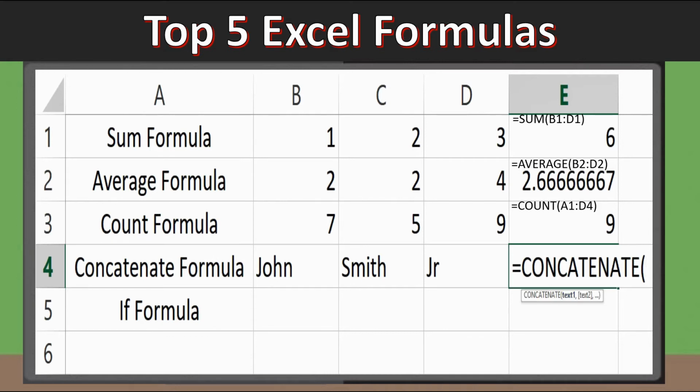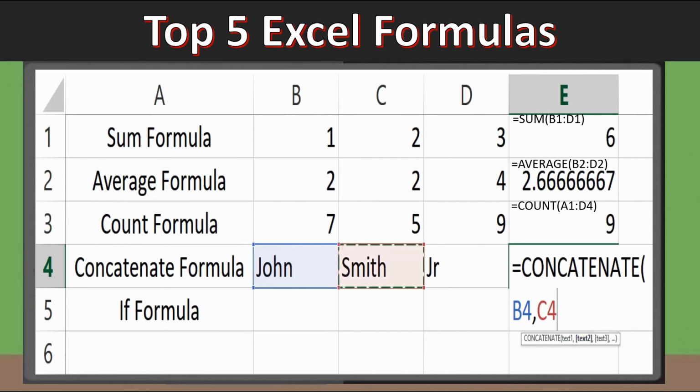Once you have that, then you see where it says text 1 on the bottom there. You select your first text box and then enter a comma. Once you do that, you can then select your second text box and enter another comma.